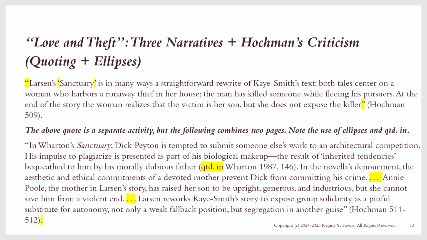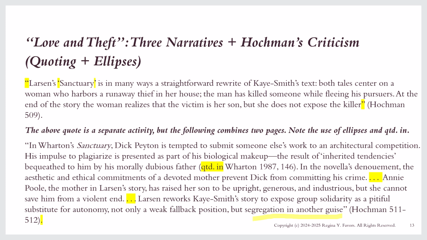The interesting thing about using segregation as a way to criticize Annie Poole's decision to be race loyal is ironic because segregation, separate but equal accommodations, Jim Crow laws were still in effect.